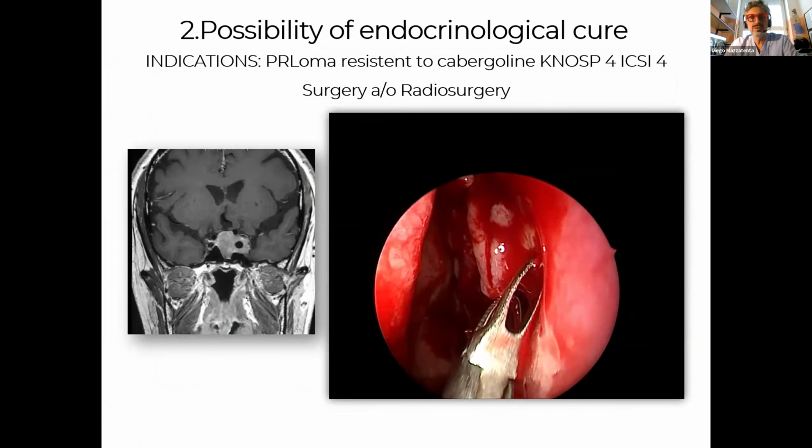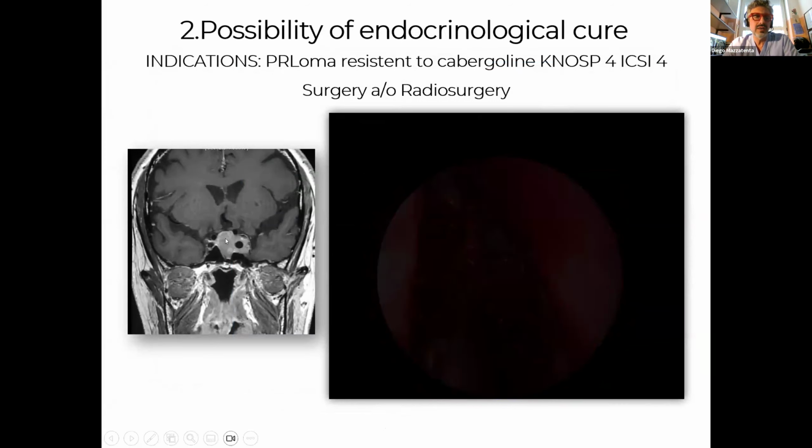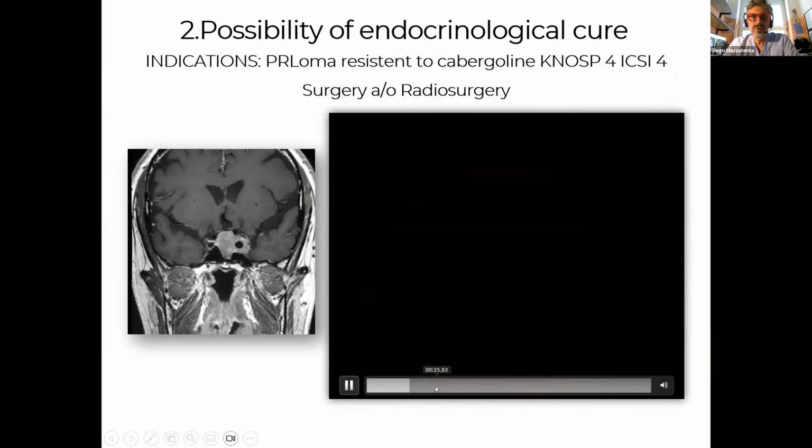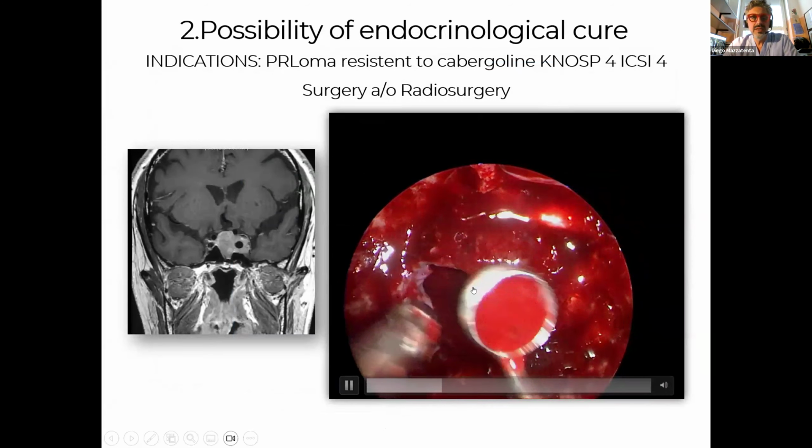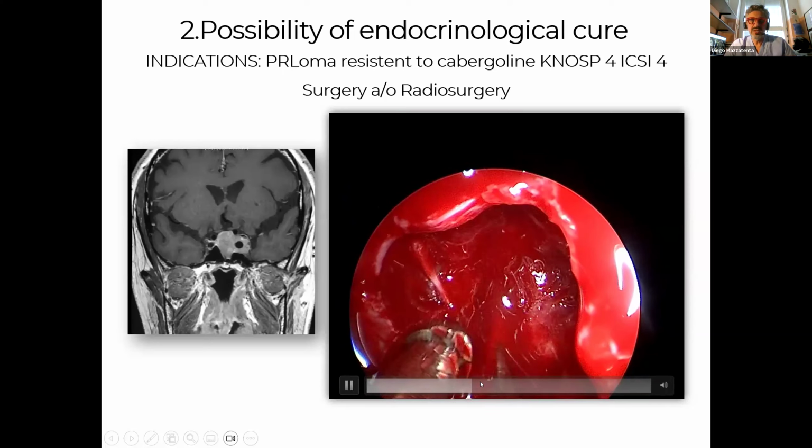We start with an expanded approach because if you are in front of Knosp classification grade 4, we open medially. You are on the left side, obviously. This is the dura mater covering the internal carotid artery. We move from medial to lateral using the perforation of the tumor in the medial wall of the cavernous sinus.